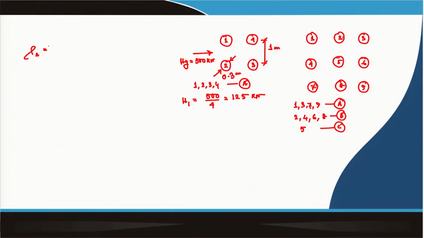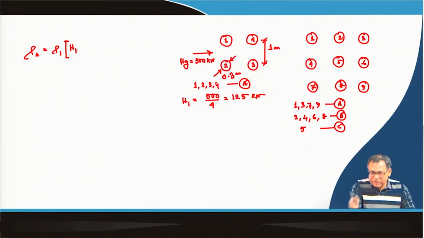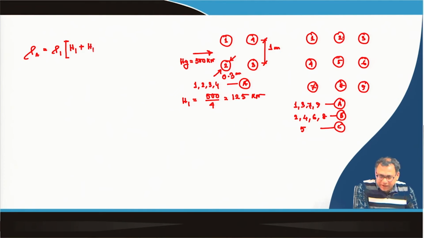So, I can write the deformation of that particular pile will be the deformation of that pile into the load which is acting on that pile, H1, plus the interaction factor: the interaction between 1 and 2, plus the interaction between 1 and 3, plus the interaction between 1 and 4.